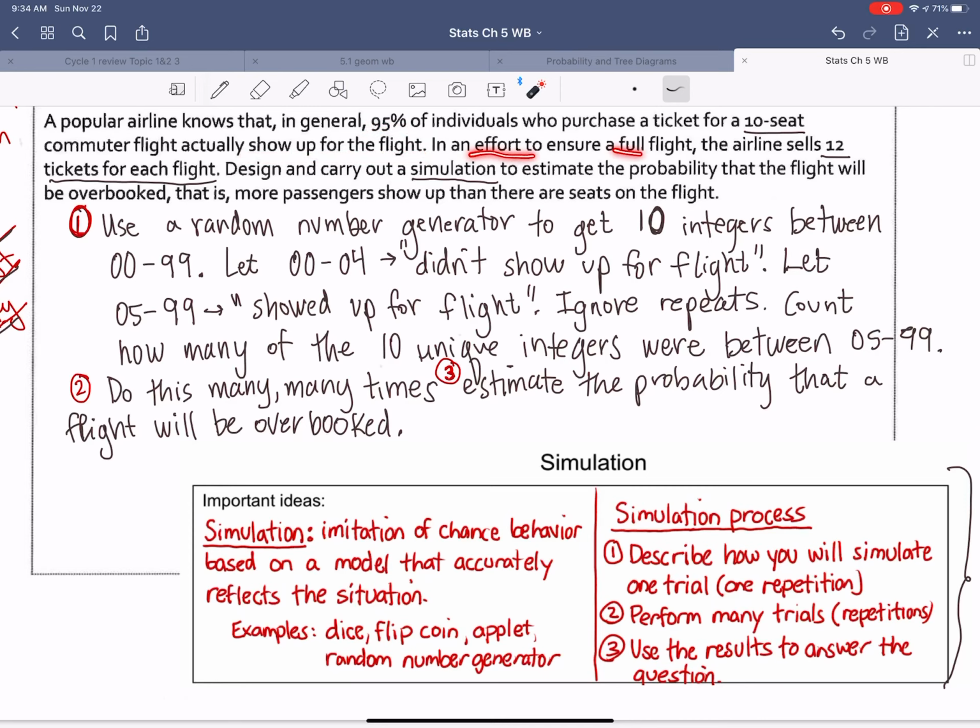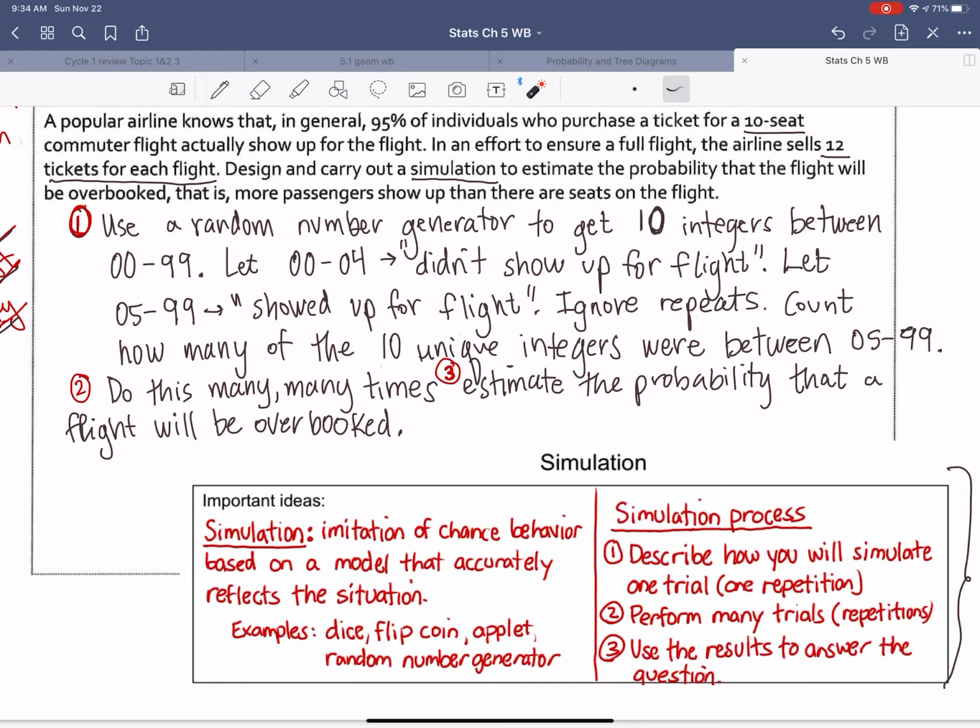In an effort to ensure a full flight, the airline sells 12 tickets for each flight, so they oversell the flight. Let's design and carry out a simulation to estimate the probability that the flight will be overbooked, meaning more people show up than there are seats on the plane.